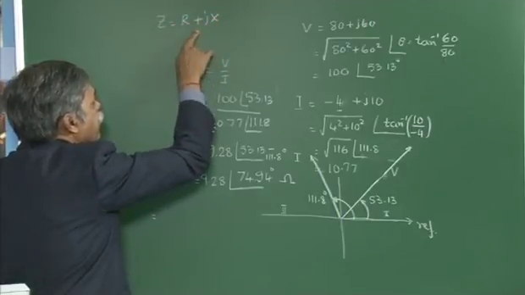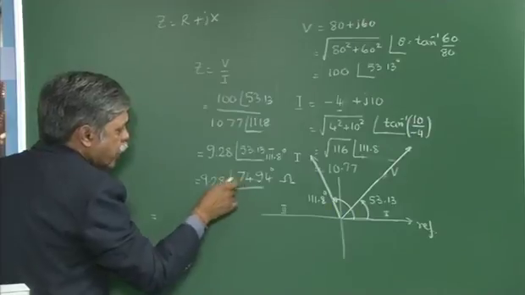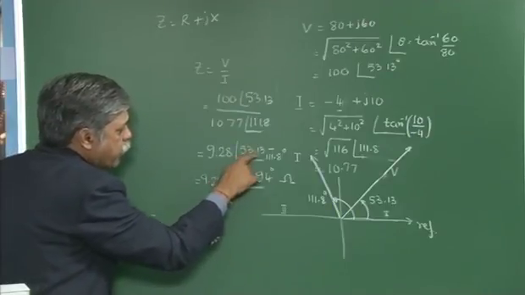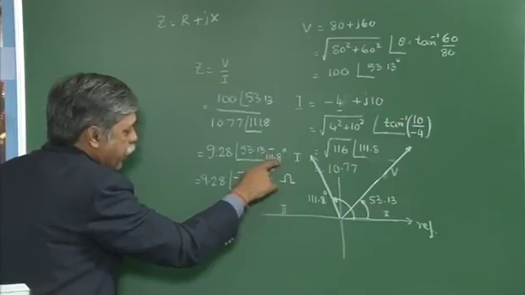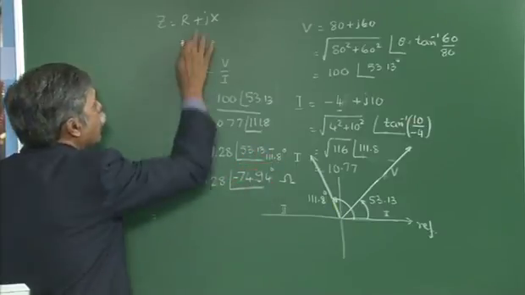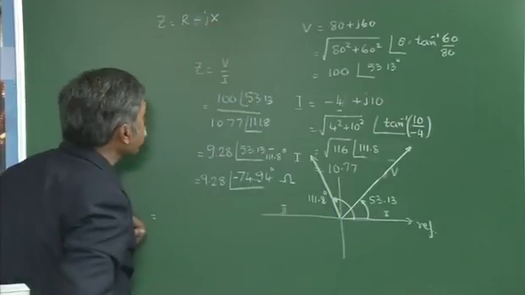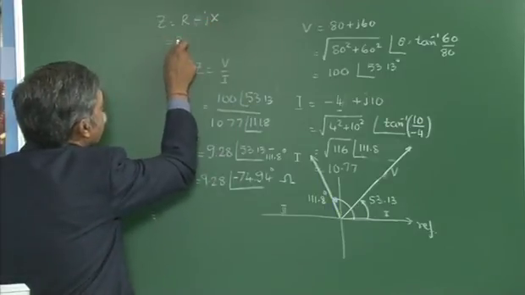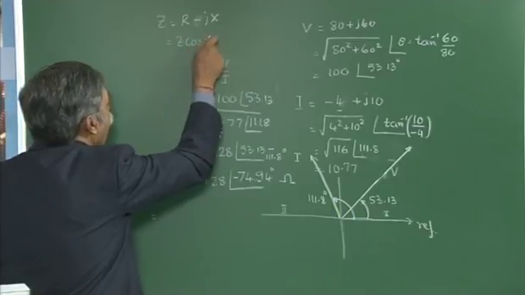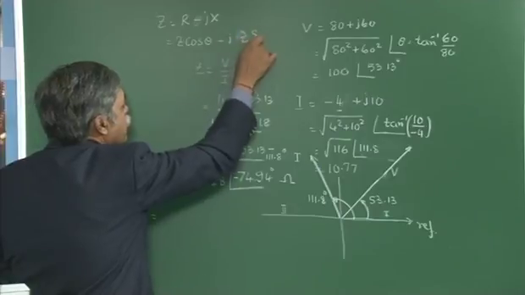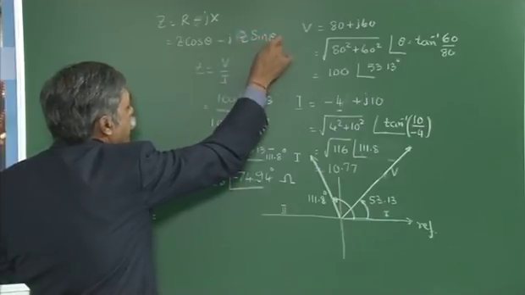Why I am taking a plus sign here? Actually this angle should be negative, okay, because 53.13 minus 111.8 will give you a negative angle, therefore I should write a minus sign here, jX, okay. So R will be Z cos theta, X will be Z sin theta, okay.